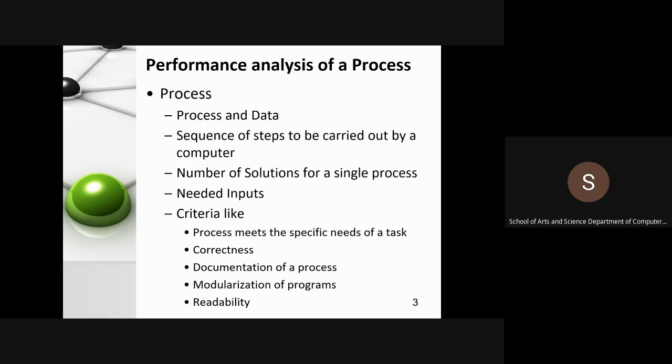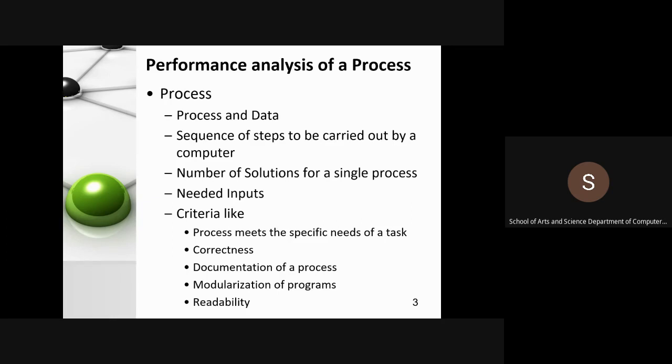Suppose your planned process is giving a result by using the selected method, the determined number of steps and the selected data. Next, you have to check the correctness of the result, whether your planned process, planned program is giving the expected result or not.